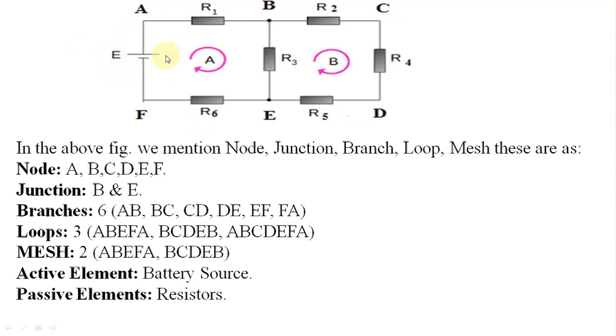Now passive elements are those elements which receive energy from the active element. The passive elements are resistors R1, R2, R3, R4, R5 and R6. So these are our passive elements.